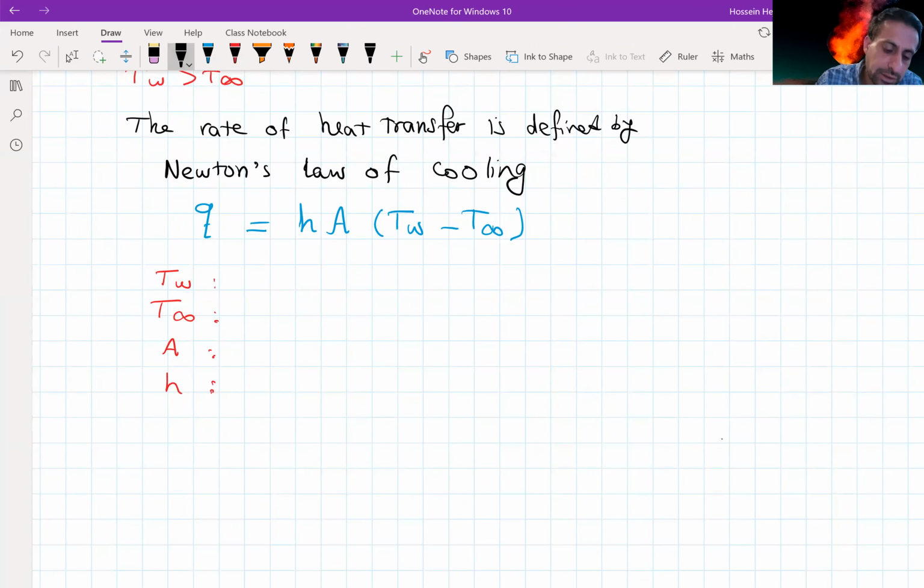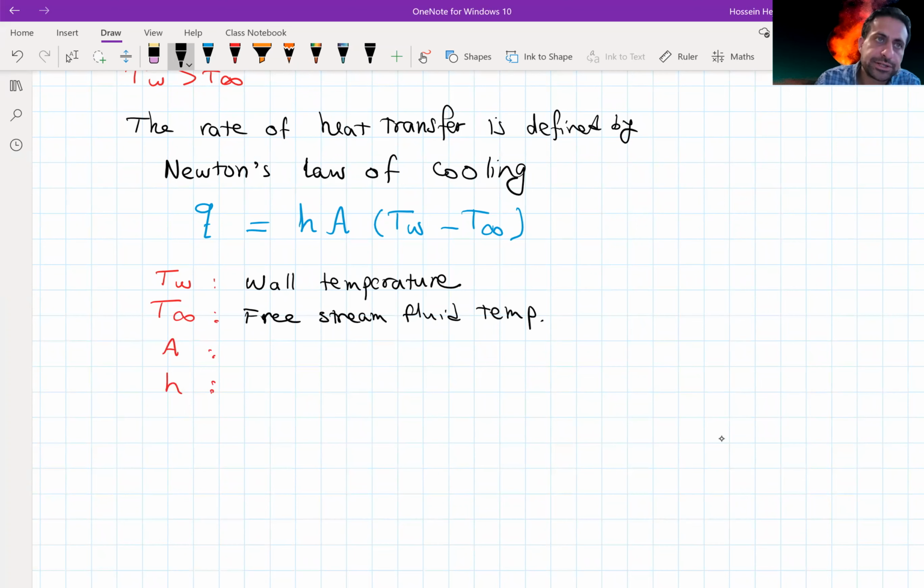TW is the wall temperature. T infinity is the free stream fluid temperature, and A is the exposed or wetted surface area.